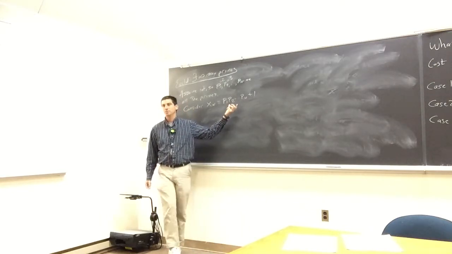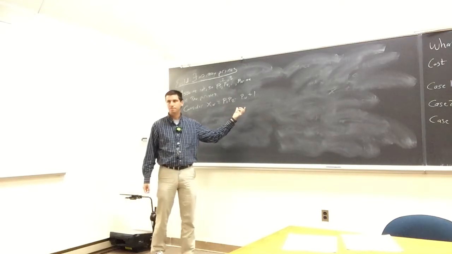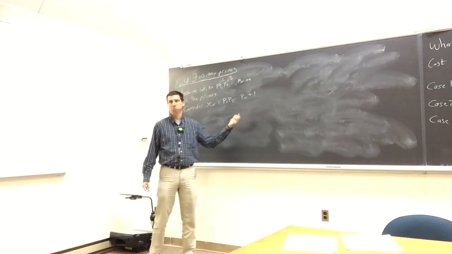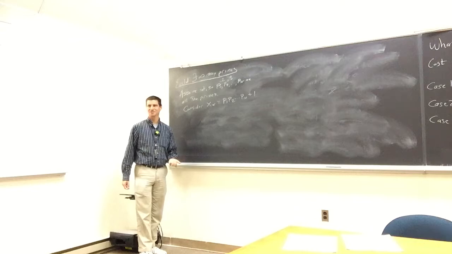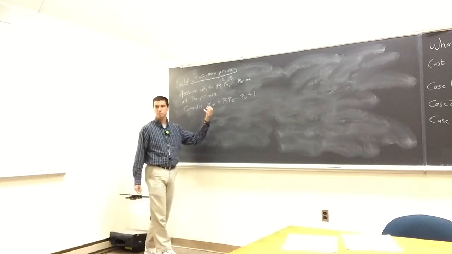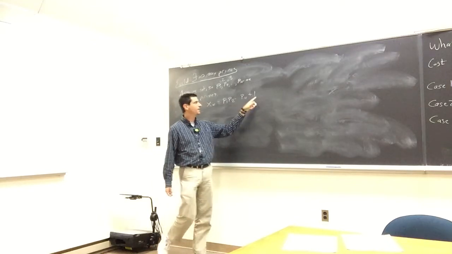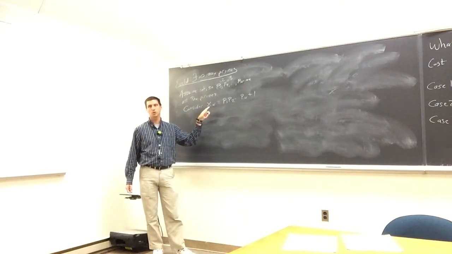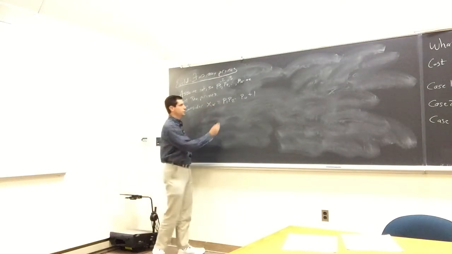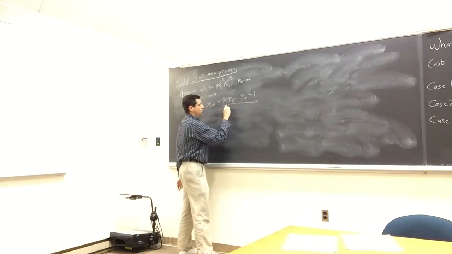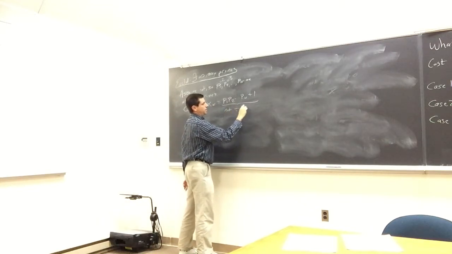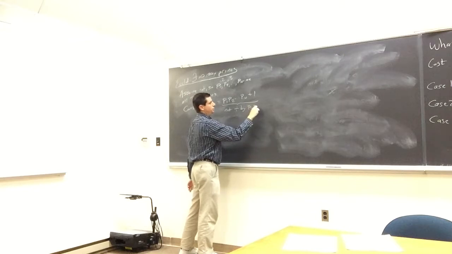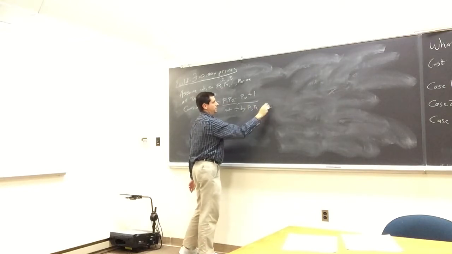Can this number be prime? Yeah. Can the number be composite? Also yes. It's greater than 1. It's either prime or composite. Can P1 divide this number? No. Neither can P2, neither can P3. So this is not divisible by P1, P2, ..., Pn.